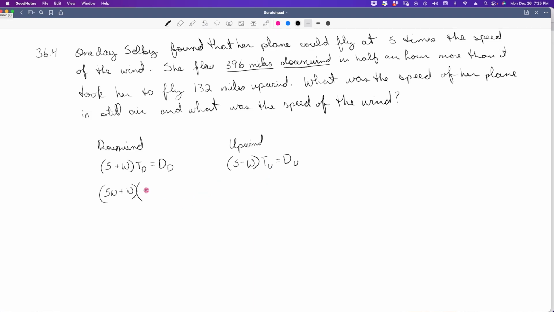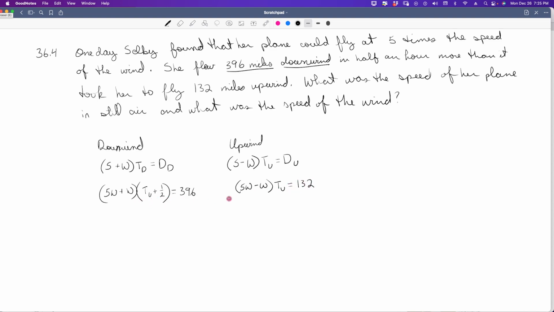So the time upwind plus half an hour is going to be equal to the distance downwind, which is 396. Now upwind, it took her 132 miles. So her speed is 5 times the wind minus the wind. And we don't know what the time upwind was, but we do know the distance was 132 miles.